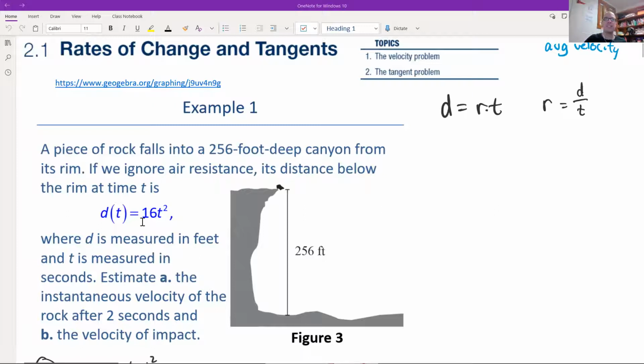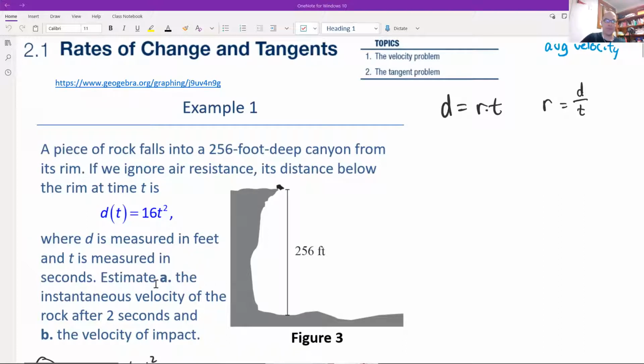And this distance formula actually comes from that 32 feet per second in a downward direction. We'll talk more about that later in the class. Okay, d, the distance, is measured in feet, and t, the time, is measured in seconds.